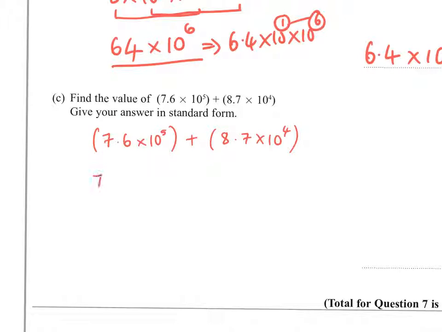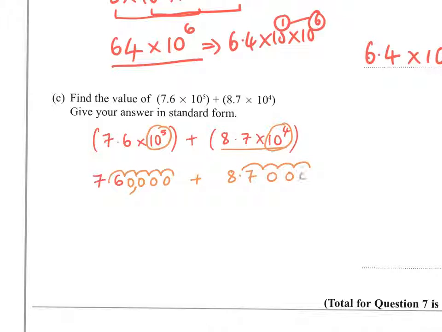So we can say 7.6 times 10 5 times, because that's what 10 to the power 5 means. It means timesing by 10 5 times. So we'd have 1, 2, 3, 4, 5. So that would be 760,000. And then add 8.7 times 10 4 times. 1, 2, 3, 4. So that'll be 87,000.